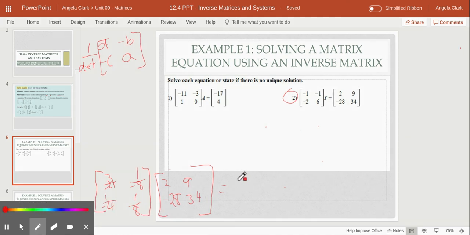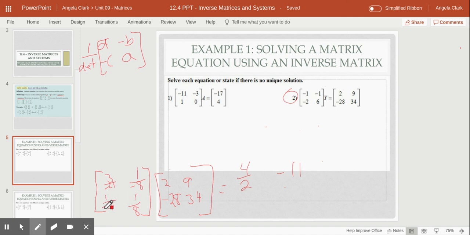All right, so if we have 3 over negative 4 times 2 plus 1 over negative 8 times negative 28, that's going to be 4 over 2 if you do that math. And then if I have 3 over negative 4 times 9 plus 1 over negative 8 times 34, I'm going to get negative 11.